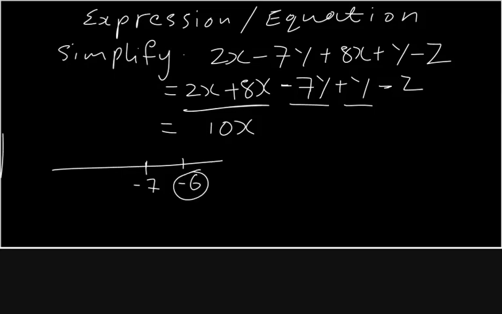So minus 7y plus y is going to give us minus 6y. Then minus c here. This is the answer, you have simplified it.